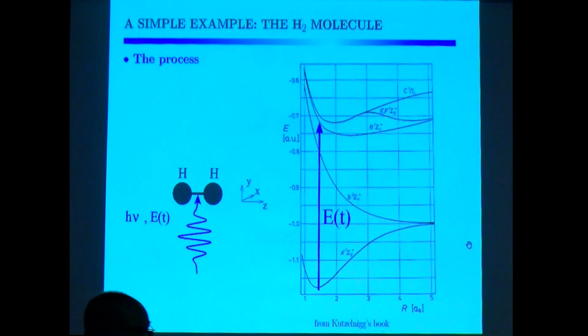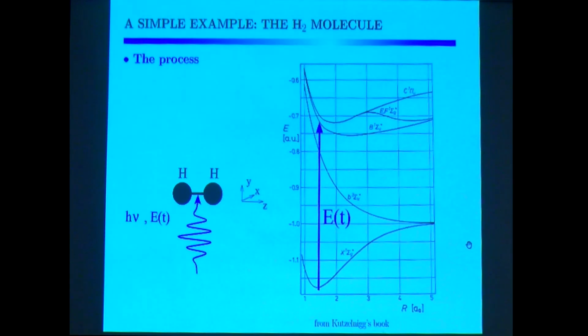It's an H2 molecule, and here we have the ground state, and here we have some excited states, a dark state, and here the first bright state, which is roughly 12 electron volts higher than the ground state. We come in with a laser pulse which excites the molecule, and our goal was to excite it from here to here, just to test the TDCI method.